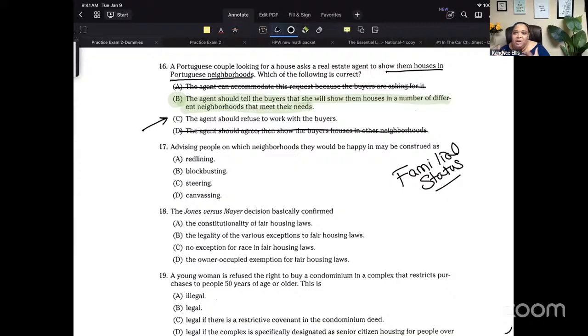But remember, when it comes to fair housing, it's not about your intent, whether you intend to be malicious or not. Sometimes people say things that can be discriminatory or offensive and they don't mean to be, but the judge isn't going to be like, oh, you didn't mean it. Don't worry about it.